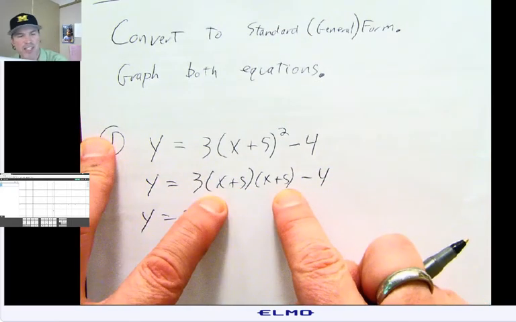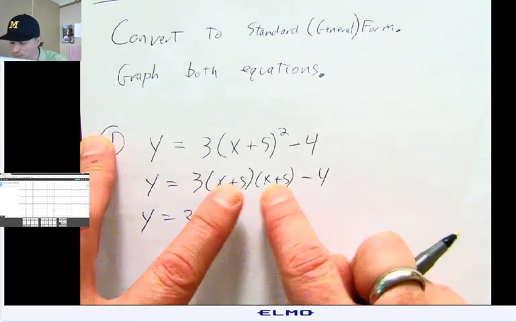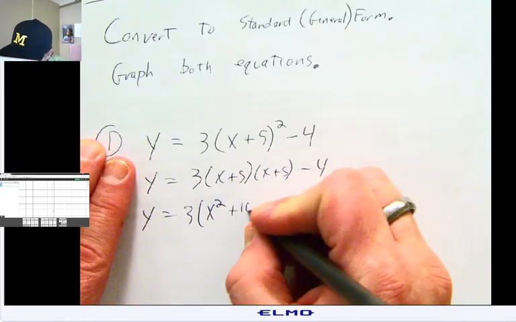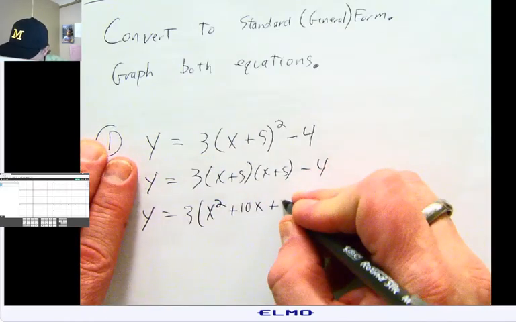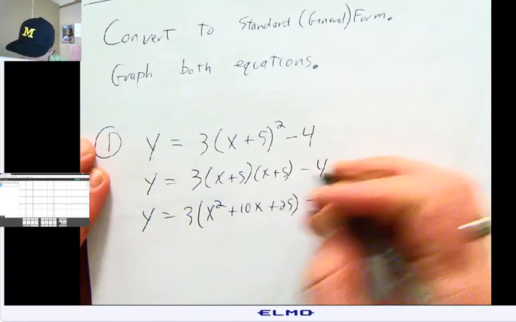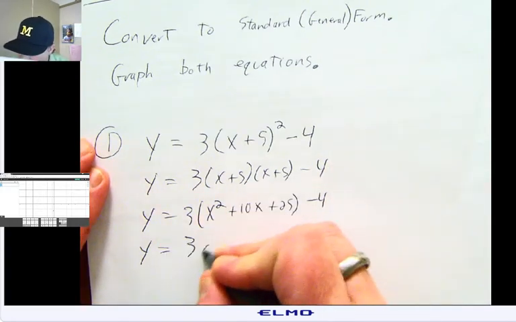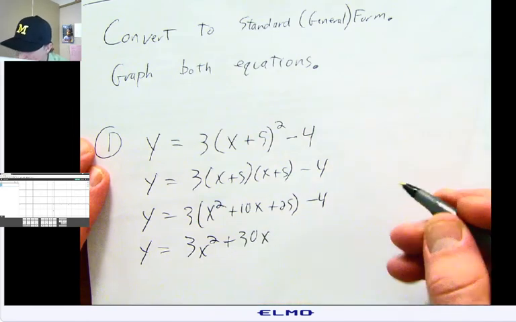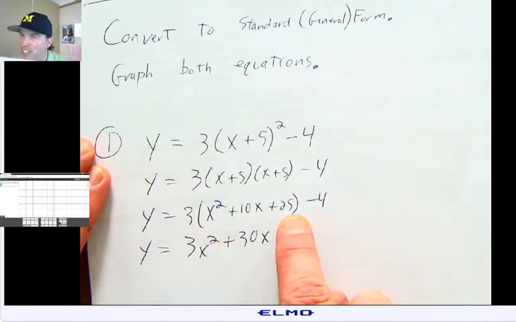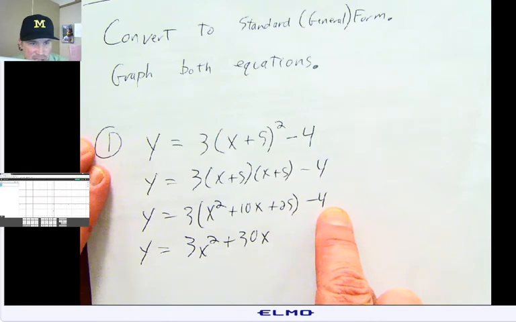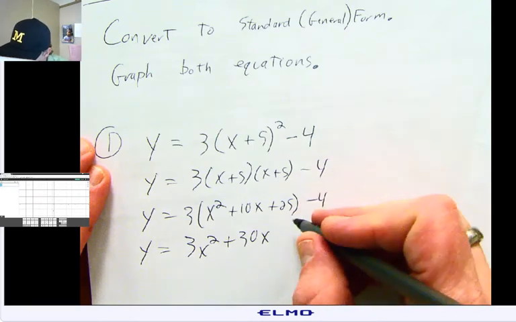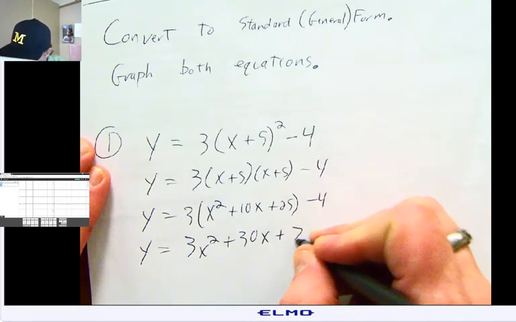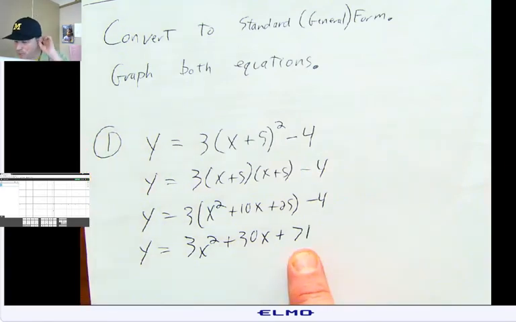The outers and the inners, 5x plus 5x is 10x. 5 times 5 is 25, minus 4. I then distribute the 3, so 3x squared plus 30x. 3 times 25 is 75, and then 75 minus 4 is 71. So this is my standard form equation.